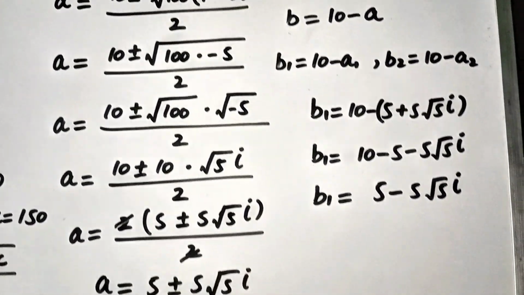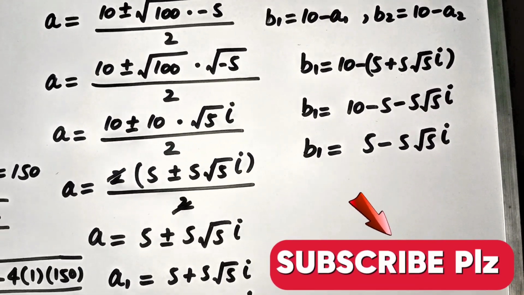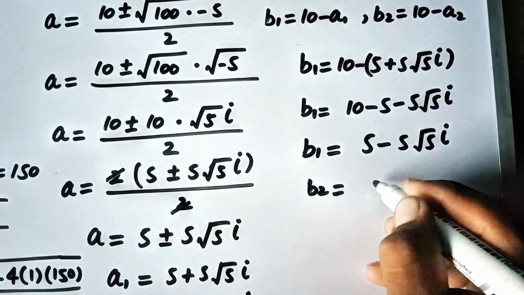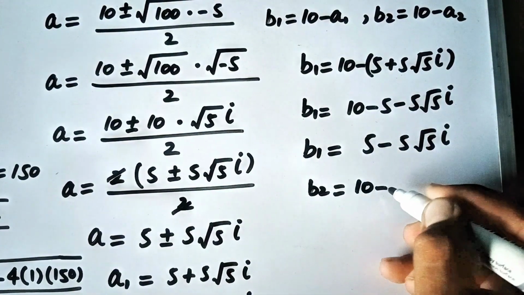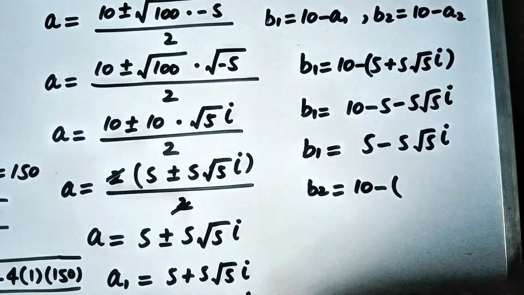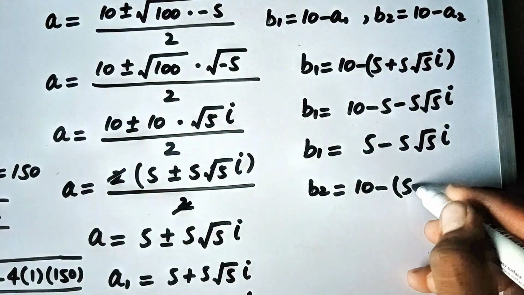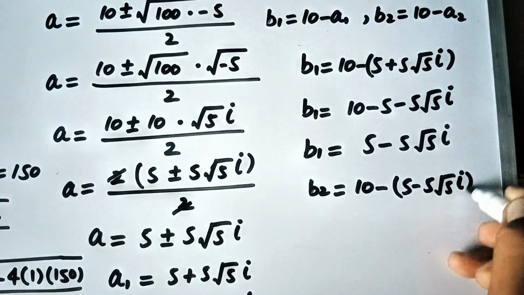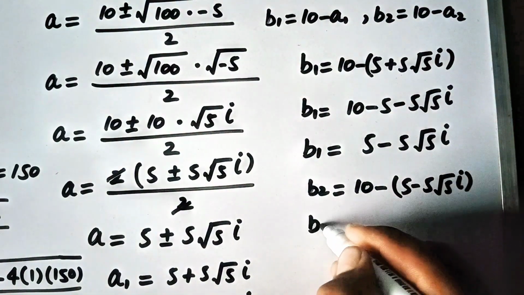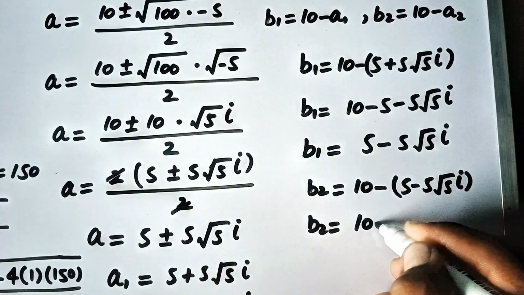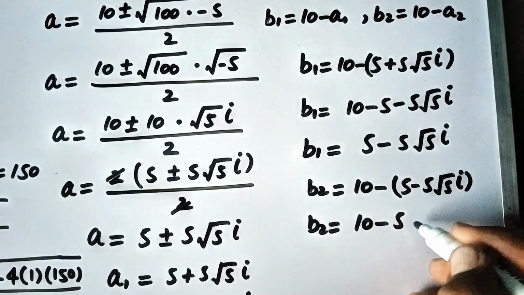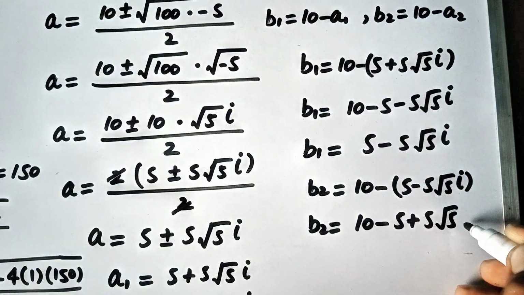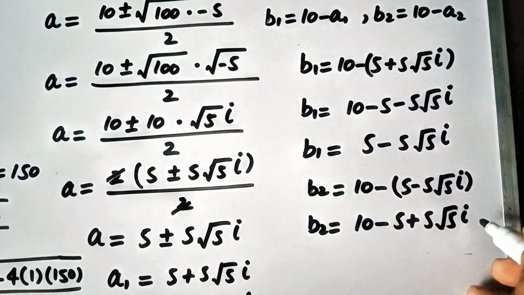Now b2 will be equal to 10 minus a2, which is 5 minus 5 times root of 5i, that will be now 10 minus 5, minus times minus is plus, 5 times root of 5 times i.